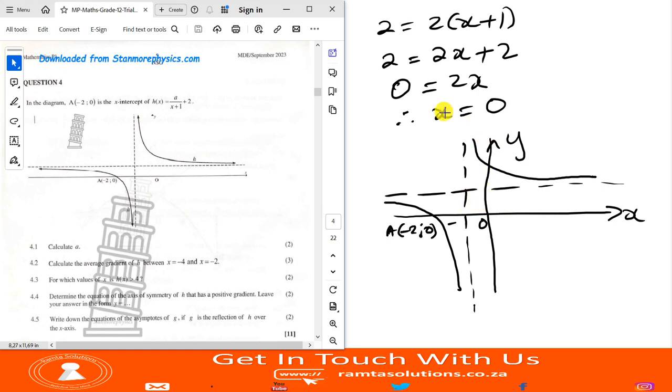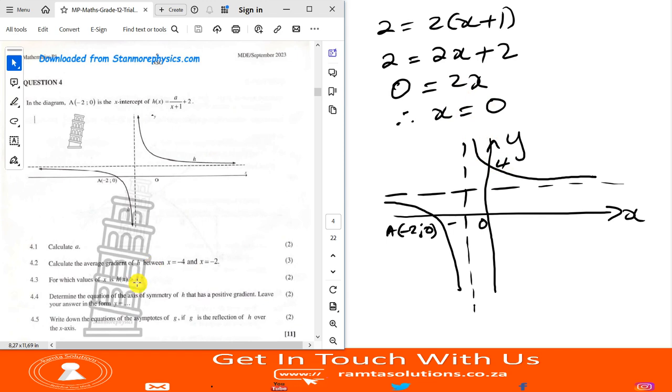So you cannot say that this is only valid when x is equal to 0. So this means this is the y-intercept. Can you see it here? This is the y-intercept. It means this point here is 4. All right? But that is not true.